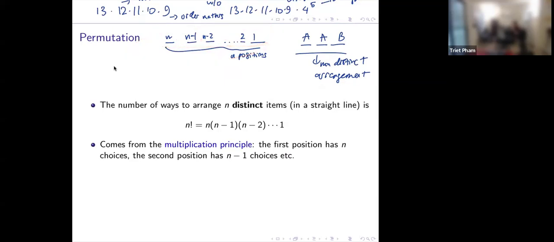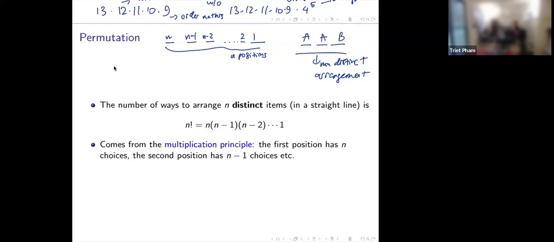We have to keep in mind that the items have to be distinct. If the items aren't distinct, then the answer is not n factorial, but, well, what is it?